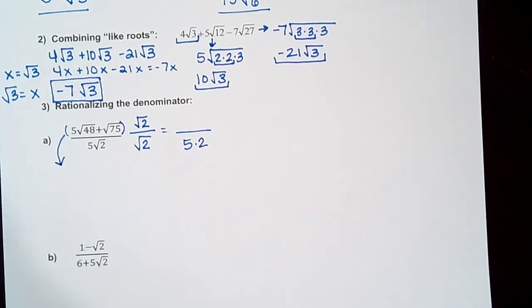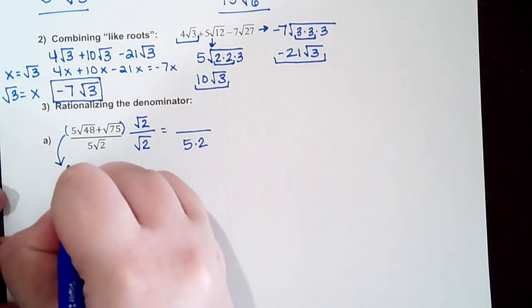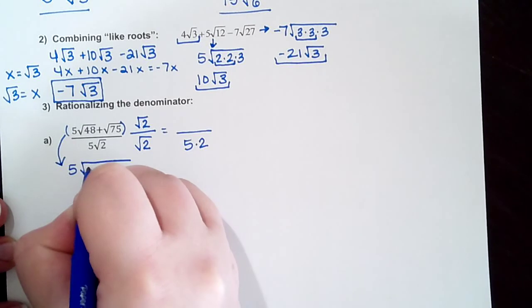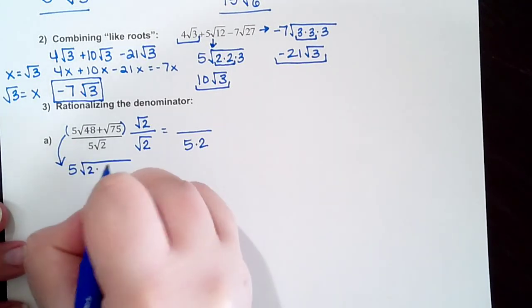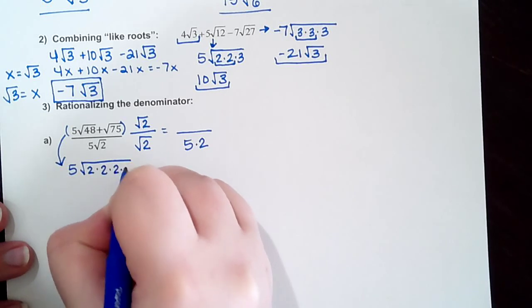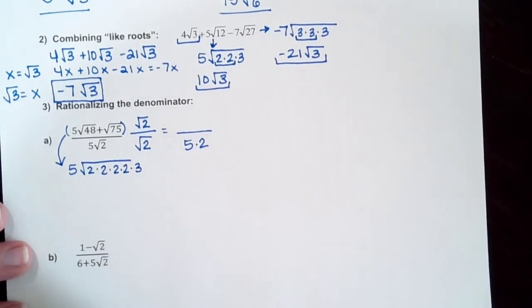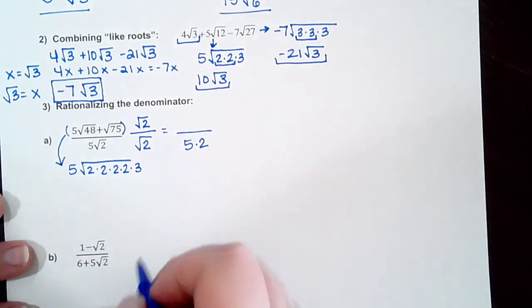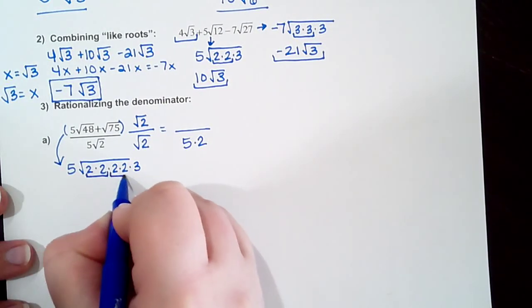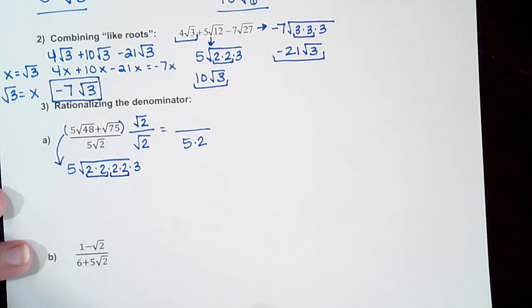Smaller numbers are usually easier to work with, so let's do that. 5 times the square root of 48 is the same thing as 2 times 24. 24 is 2 times 12, which is 2 times 2 times 3. All right, I'm going to look for some pairs. There's a pair. There's a pair, so I'm going to bring those out.